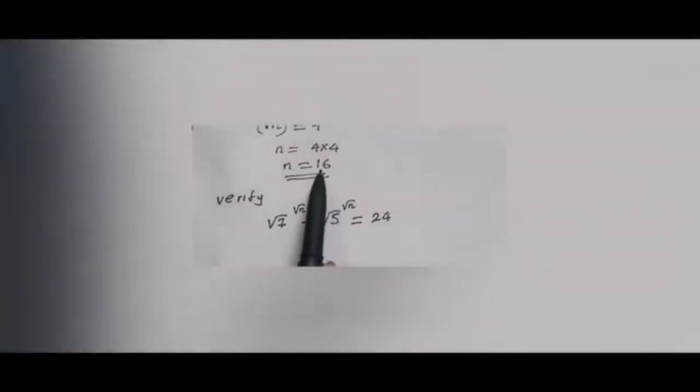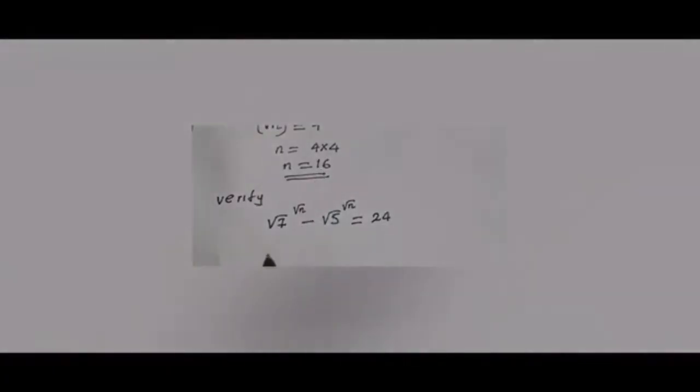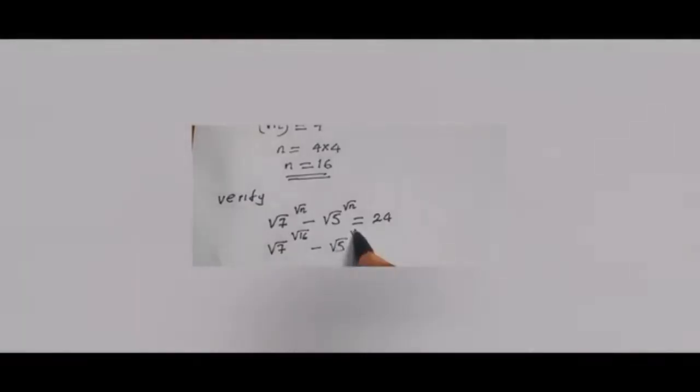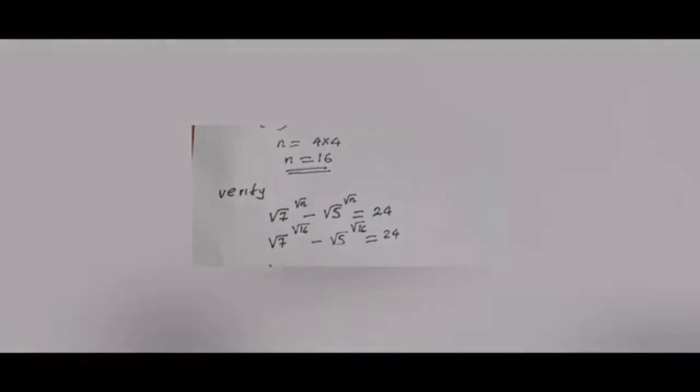Substitute the value of n equals 16 in our case here. We have 7 raised to root 16 minus 5 raised to root 16 equals 24. We know the square root of 16.